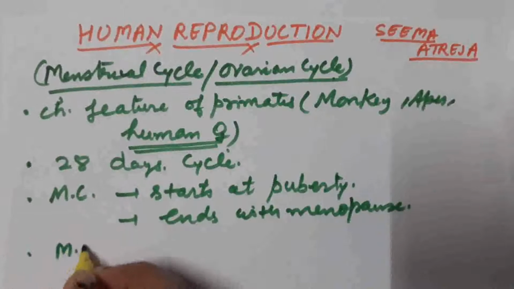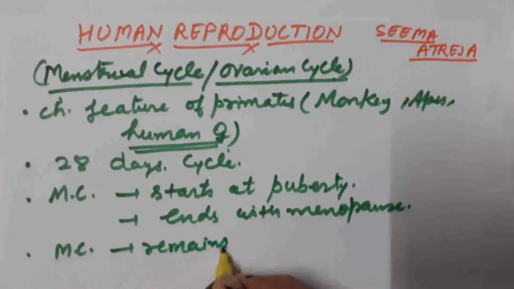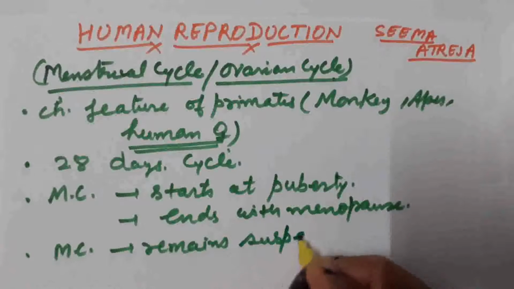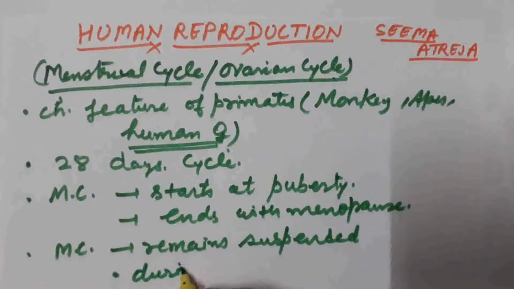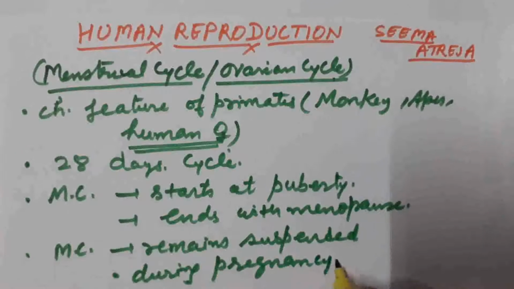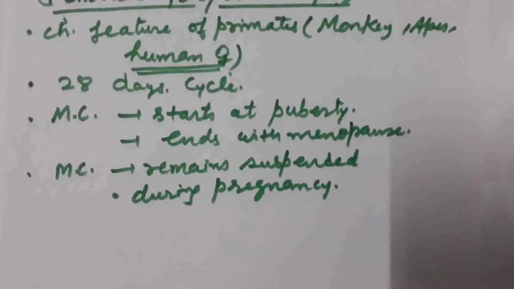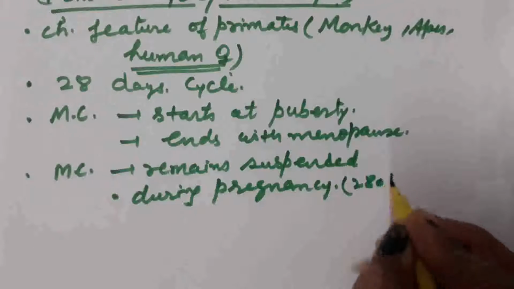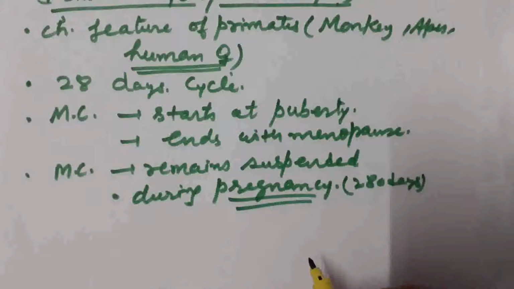This menstrual cycle remains suspended during pregnancy. The pregnancy period in the case of human females is 280 days. So during the pregnancy period, the menstrual cycle does not work. Cyclic changes in the body of the female do not take place.